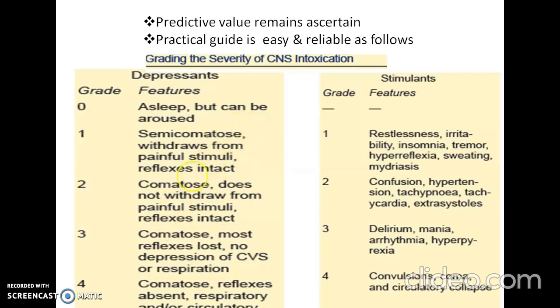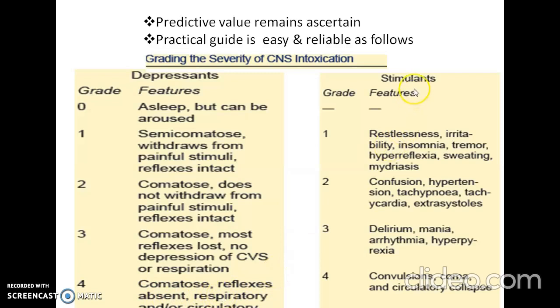Then grade 3, comatose, most reflexes lost, and no depression of cardiovascular or respiration. Grade 4 will be given for comatose, reflexes absent, respiratory and circulatory failure. So here almost the person is not responding to any type of stimulus.